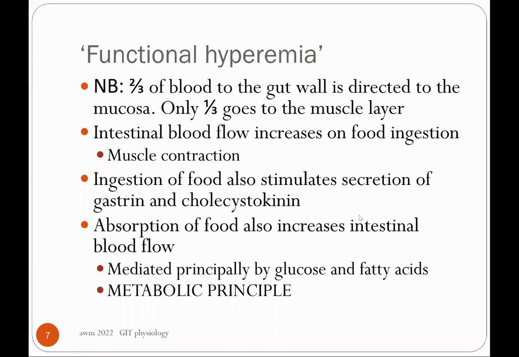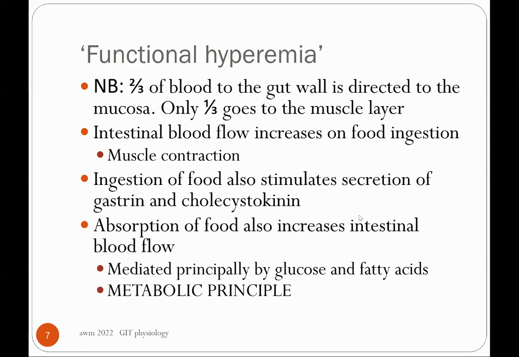You also get absorption of food, and while the food is being absorbed, it's absorbed together with water. And these are the breakdown products of food. So you get an increase in intestinal blood flow, and that is what gives functional hyperemia. And it is mediated principally by glucose and fatty acids. And this is what is known as the metabolic principle.